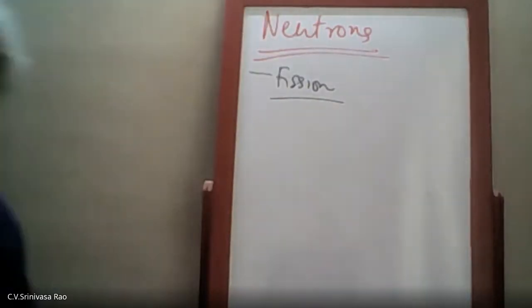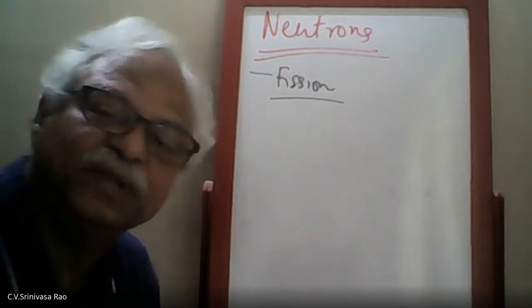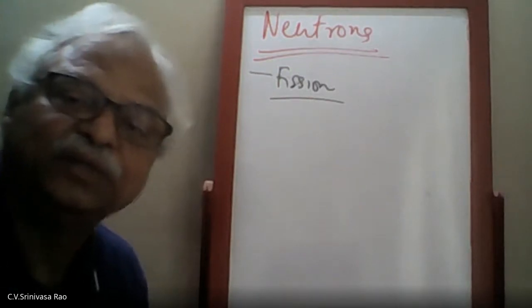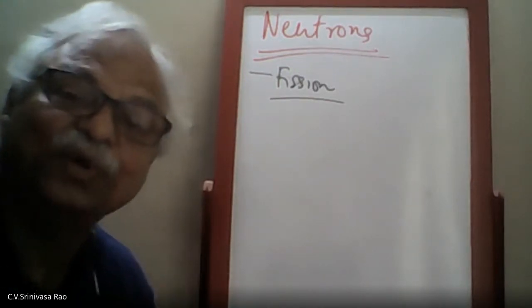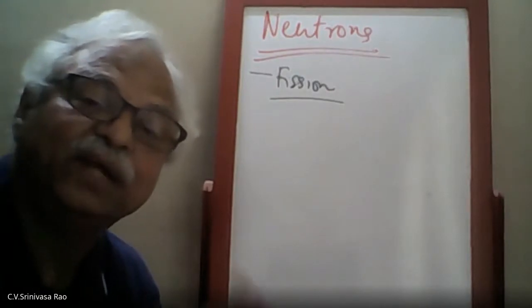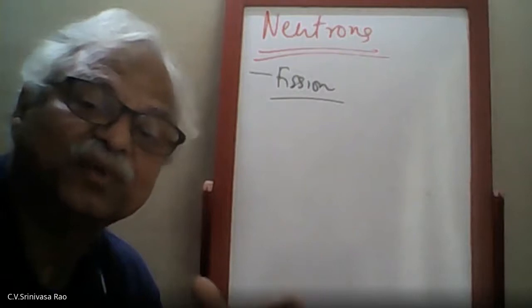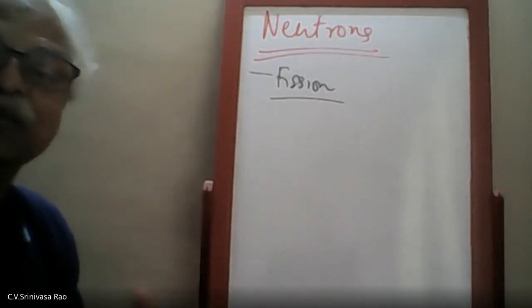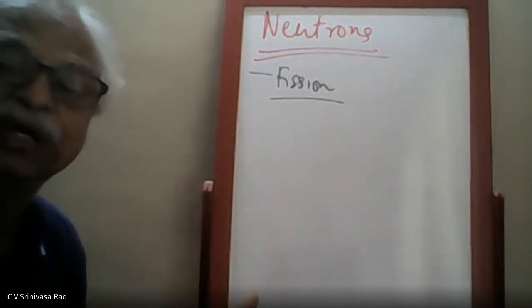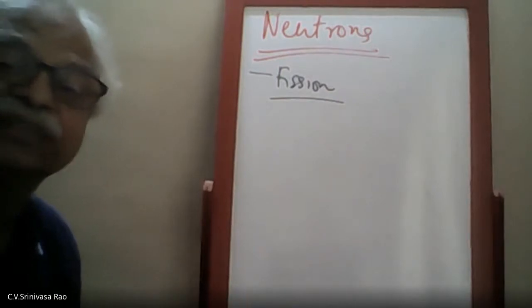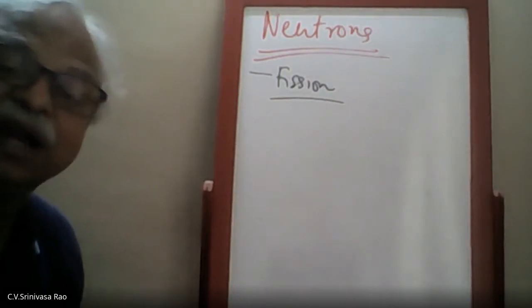So a slow neutron enters into a nucleus like uranium. It enters into that and disturbs the whole nucleus. Then the nucleus breaks up into two. So that's called fission. In fission processes, heavy nuclei will break up into two nuclei, and in that process it emits more neutrons and energy.